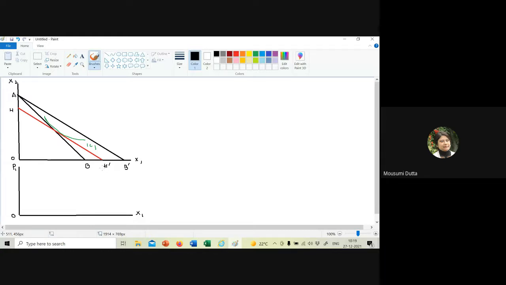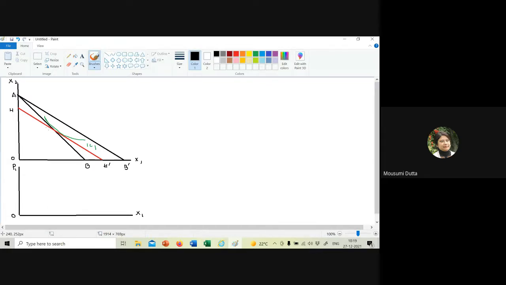It is touching AB at point P. I'll mark the point later after drawing the Slutsky compensated budget line. And the second point of tangency, that is tangency of IC1 and HH prime, will be Q.